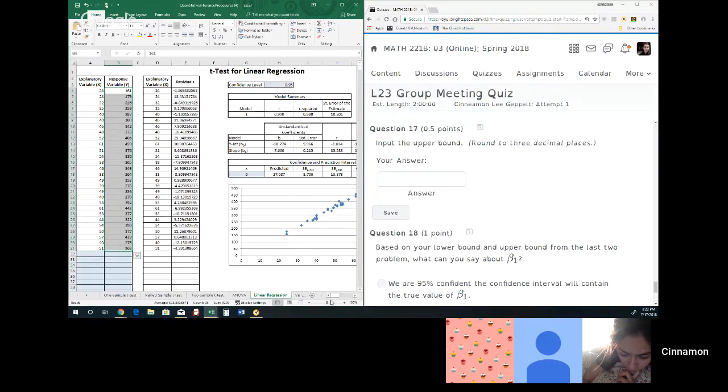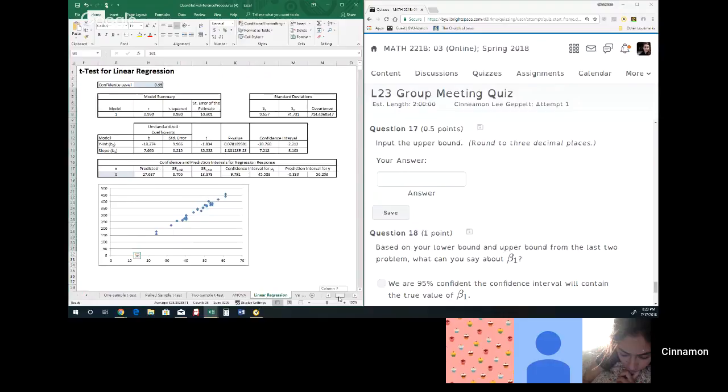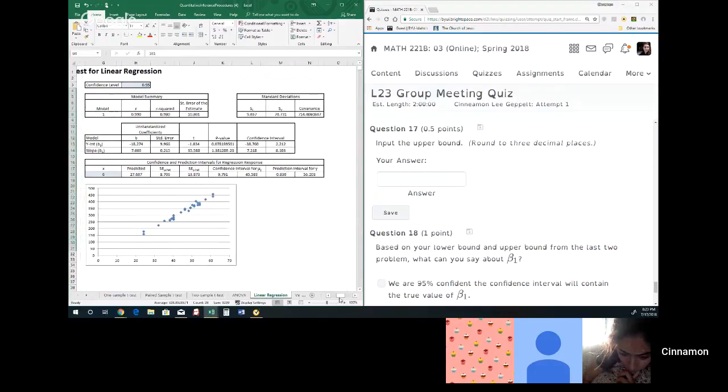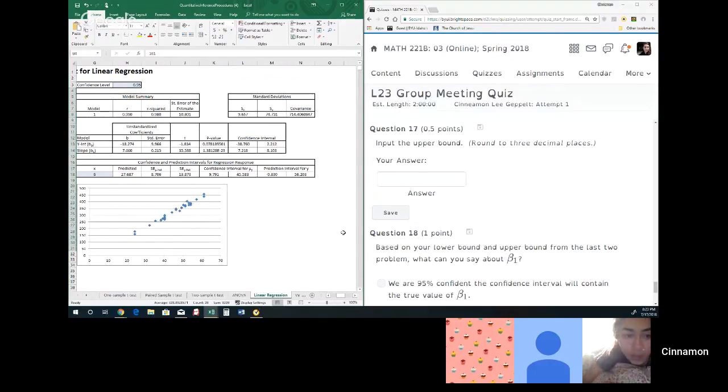Okay, so if we slide this little bar over, there's our scatter plot. Doesn't look very scattery.